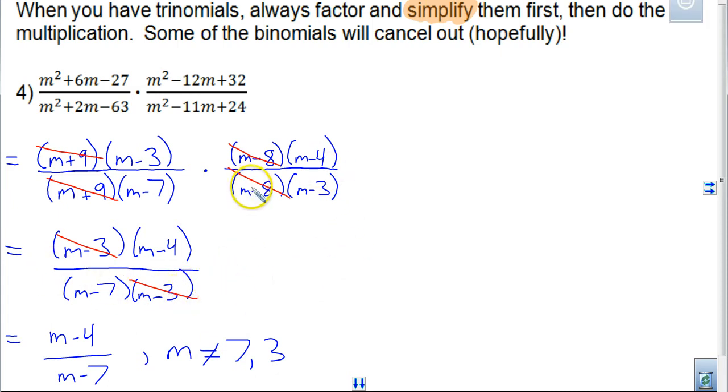Looking at the first step, we have m minus 3, but we already have 3. We also have m minus 8, so positive 8 is a restriction. Over here we have 7, and then we also have m plus 9, so that means minus 9 is a restriction. So 1, 2, 3, 4 restrictions for that. Always make sure that you start at the bottom and work your way up to catch those restrictions.